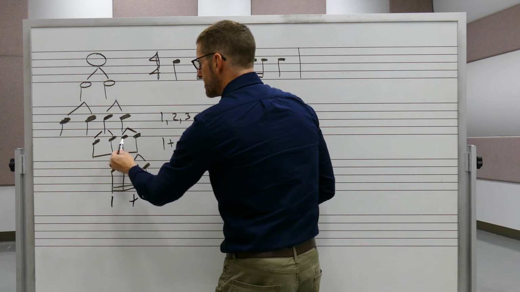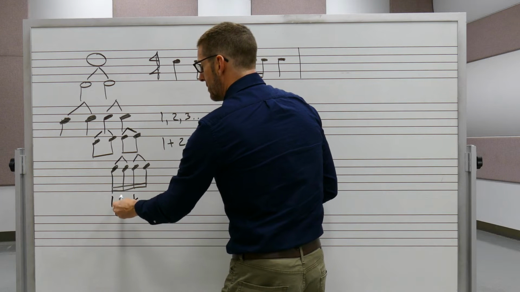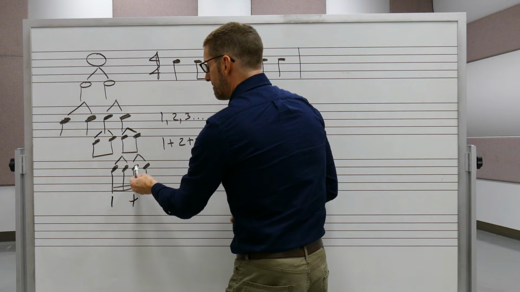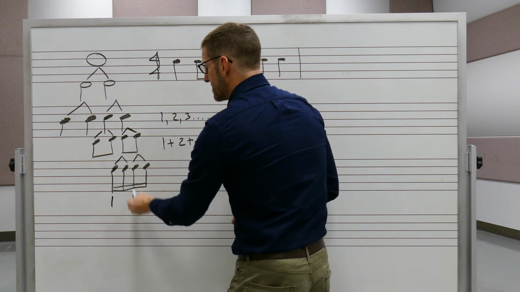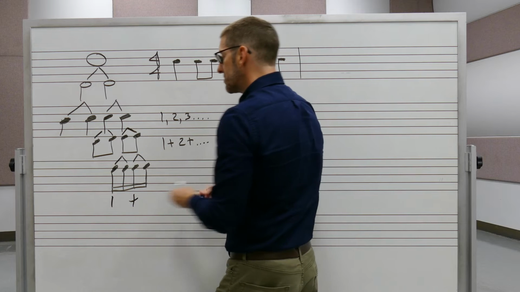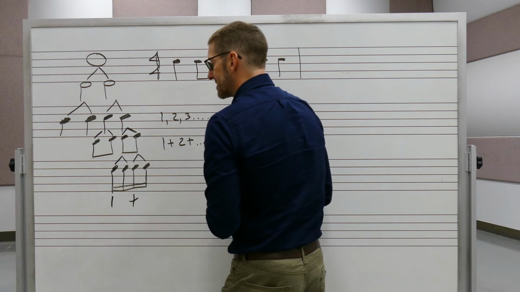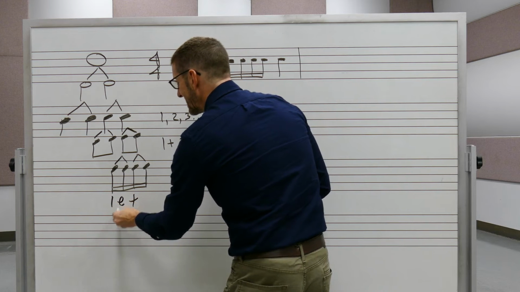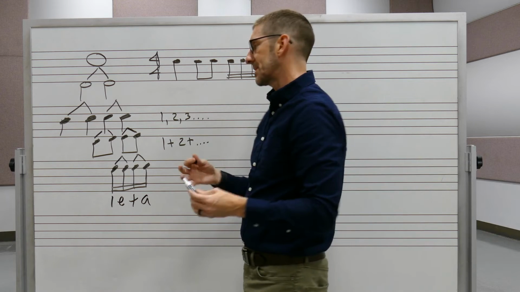The third and fourth 16ths are this eighth note of and. So what we need to do is fill in the second and fourth 16ths with E and a. Again, these are just nonsense syllables to keep track.